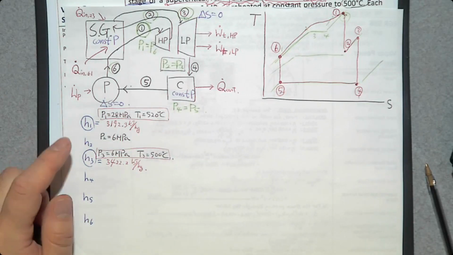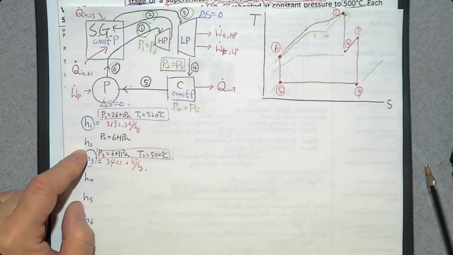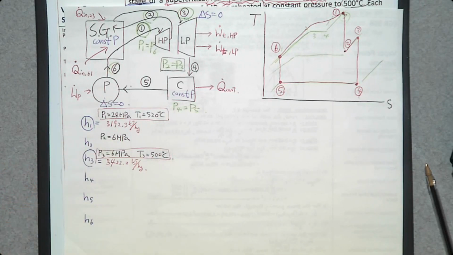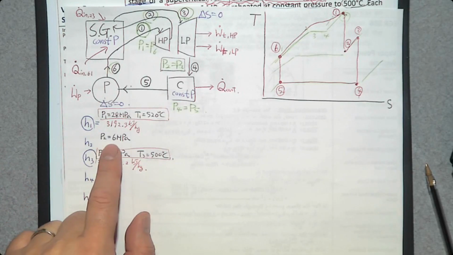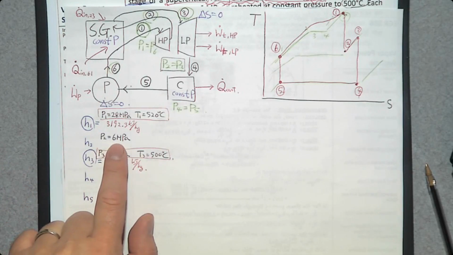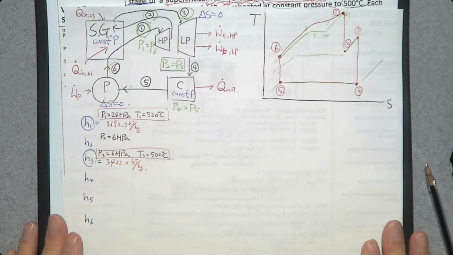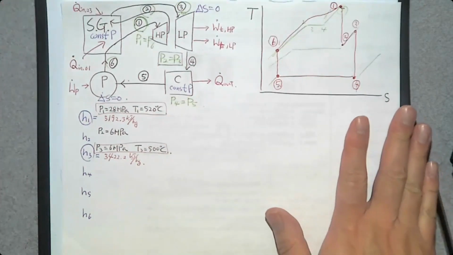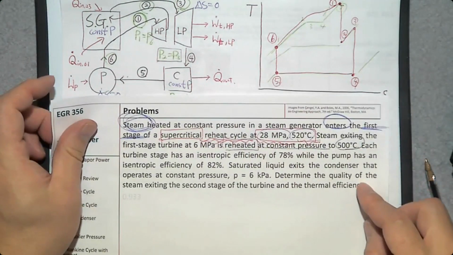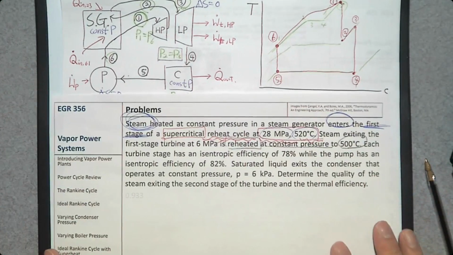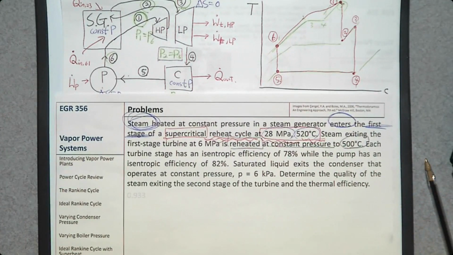So let's determine H2. We know the pressure at 2 is 6 megapascal. However, we have no other information. So let's read the problem statement to see how we can determine H2.